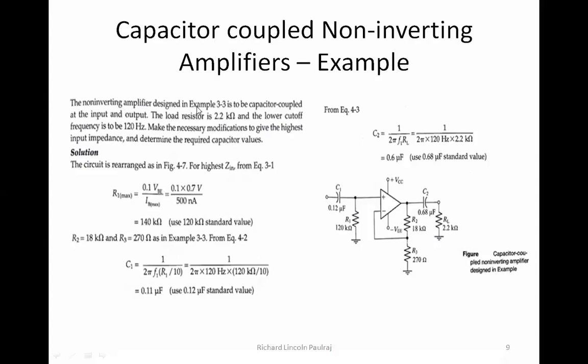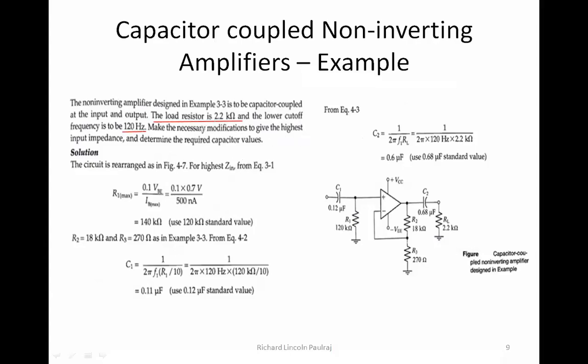So we're going to design the non-inverting amplifier capacitor coupled at the input and output. The load resistor here is 2.2 kilo ohms, right? And the lower cutoff frequency, now here don't take it as 50, but we're taking it as 120 as in the question. So RL is going to be 2.2 kilo ohms and f is going to be 120 hertz.